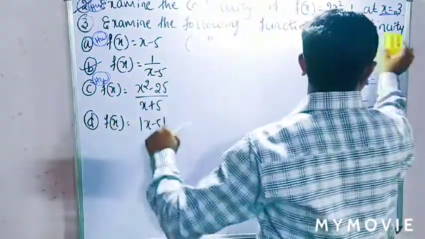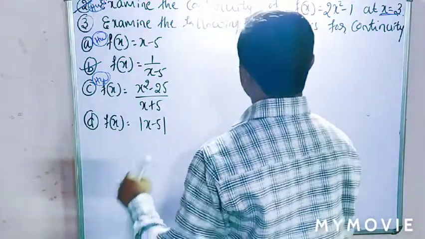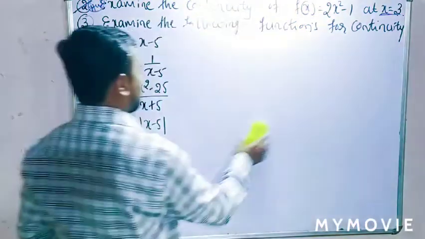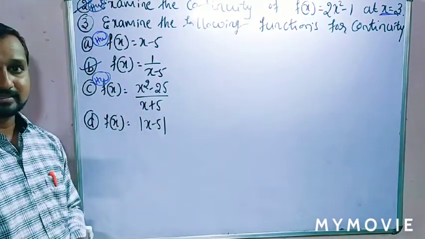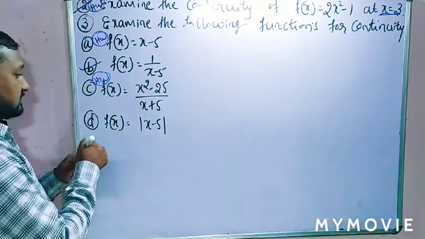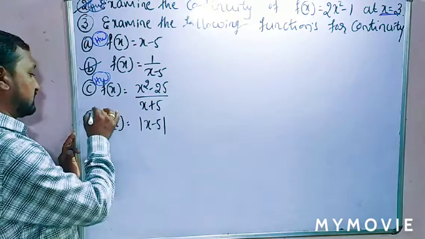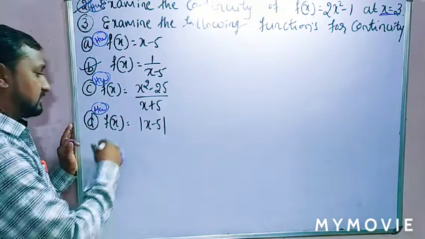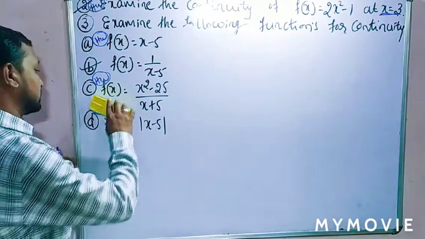Here D is f of x is equal to x minus 5. Is that clear? So this is also a very important and very easy example. So try this also. Okay. So I can solve this example.